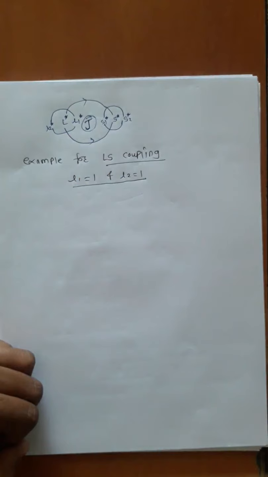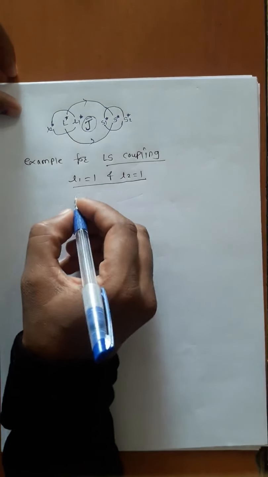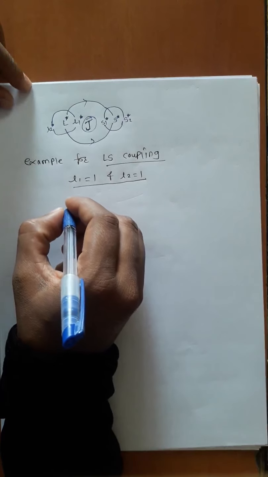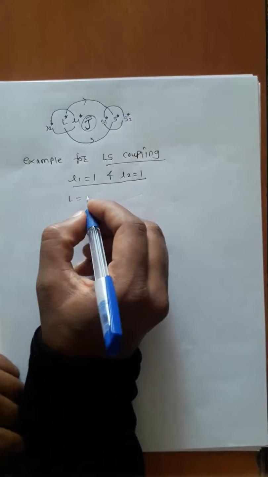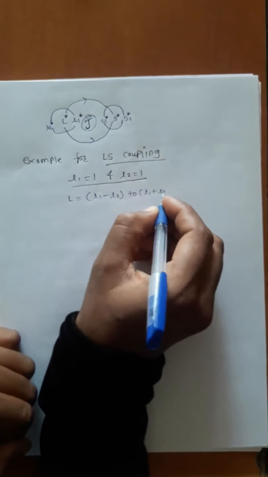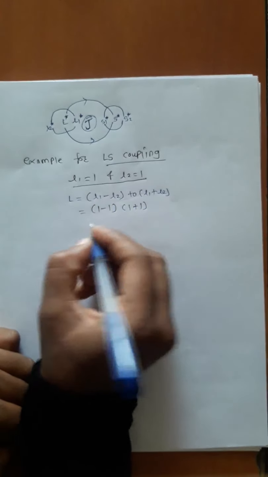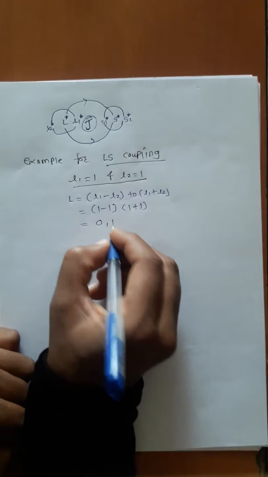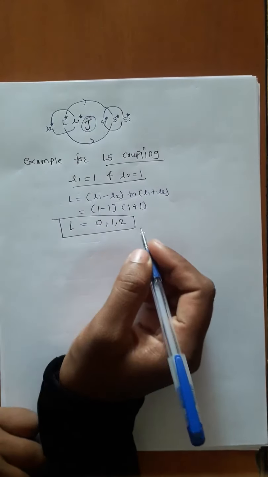How will we calculate the value of L bar? L bar is from L1 minus L2 to L1 plus L2, means 1 minus 1 and 1 plus 1, so L gives the values 0, 1 and 2.